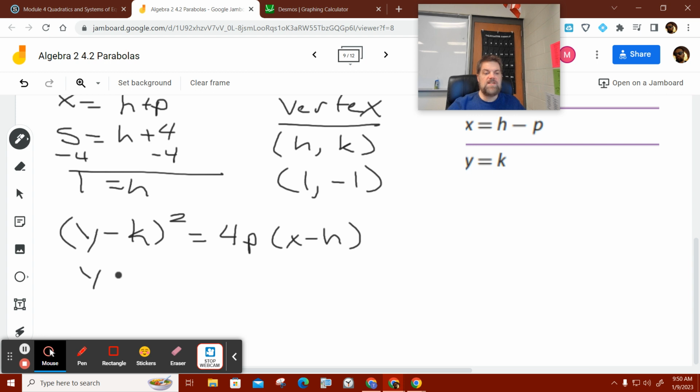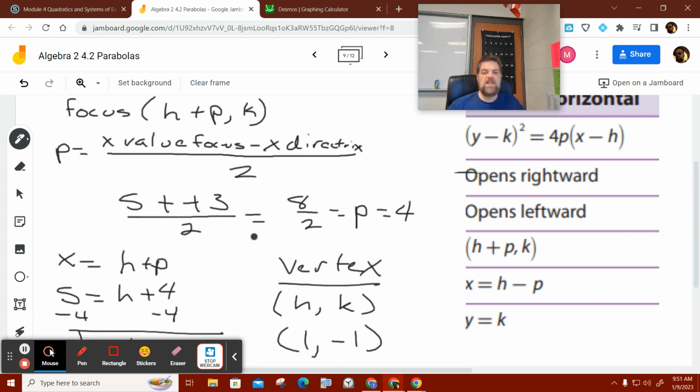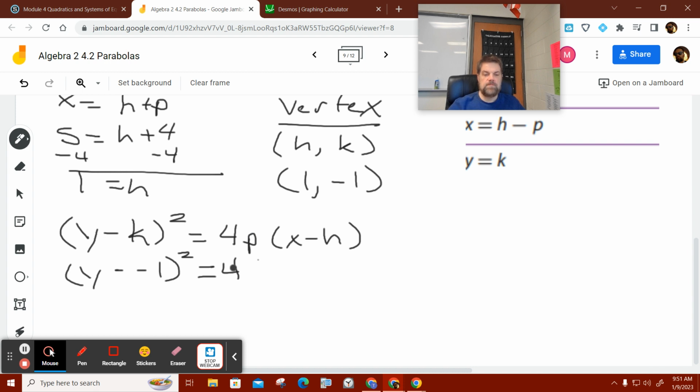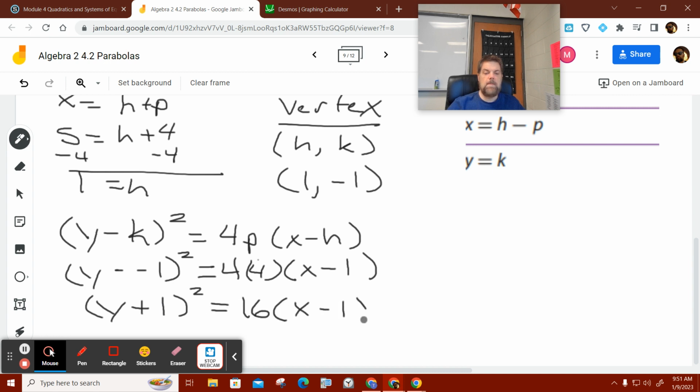So then y minus k, but we know that k is equal to -1, squared is equal to 4 times p, but what's p? 4, times x minus h, which is 1. So my final equation should be y plus 1 squared is equal to 16 times the quantity x minus 1.